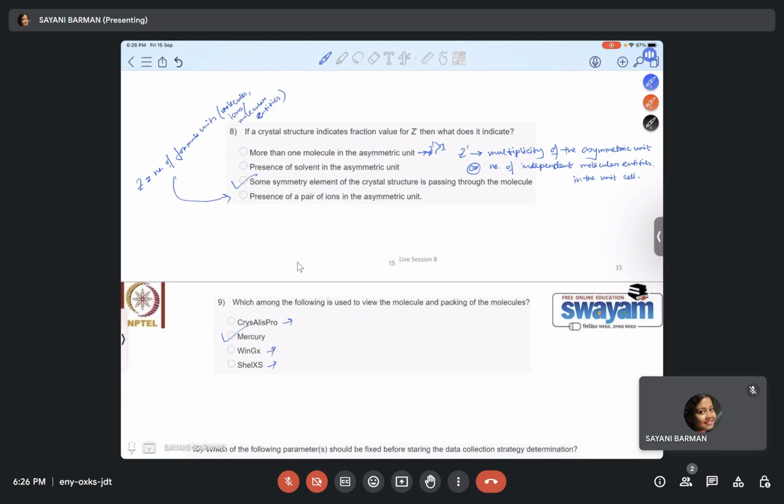So Mercury is for viewing the molecule; it shows you the structure information, the packing information, the atoms present, the bond information, the bond angle information. It informs you about the powder XRD also. Okay, so Mercury is the answer.